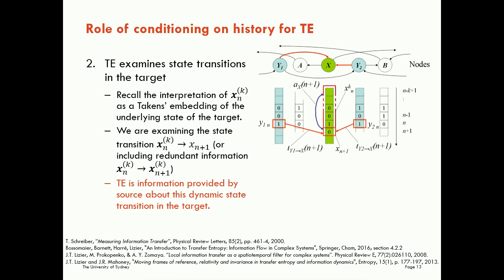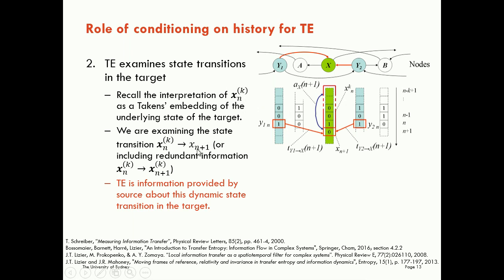Another interpretation here is that the transfer entropy examines state transitions in the target. Recall from our previous session, we interpreted these past vectors as Takens embeddings of the underlying state of the target. So here what we're actually doing is examining a state transition from that past vector to the next value.